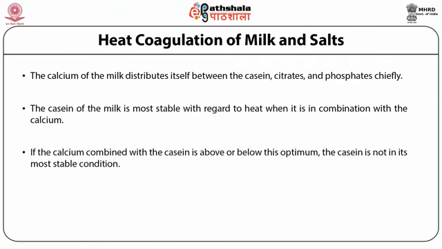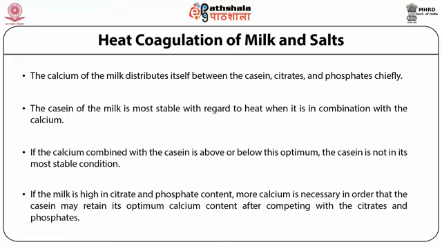When the amount of calcium in milk decreases due to its replacement by citrates and phosphate, casein becomes less stable. That is, if the amount of citrates and phosphates increases in milk, a need is there to subsequently increase calcium to stabilize casein. If the amount of calcium is not increased, casein may precipitate.